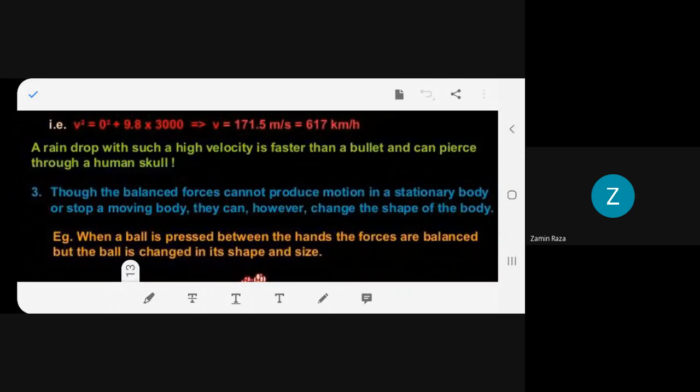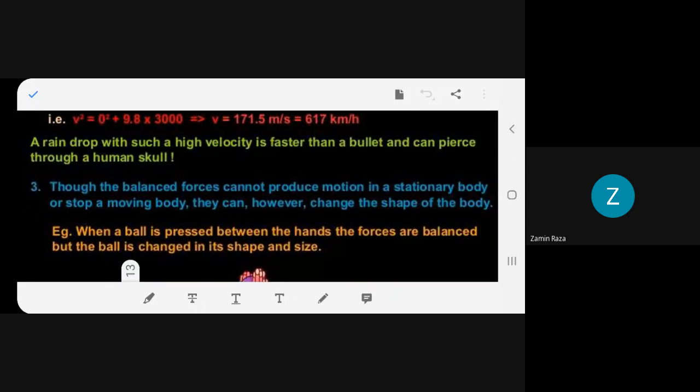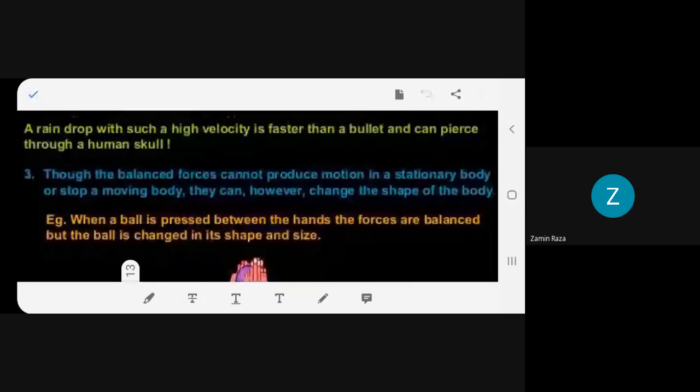Then what will happen? Read. Raindrops with such a high velocity are faster than a bullet and can pierce through a human skull.